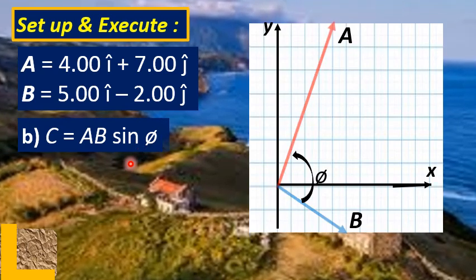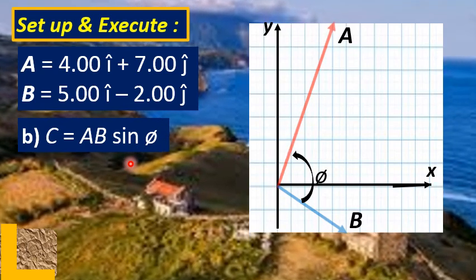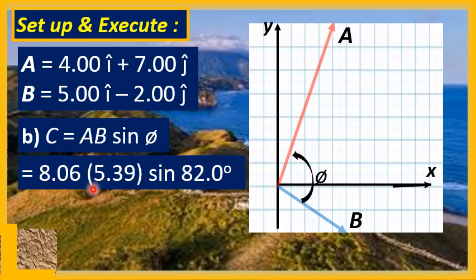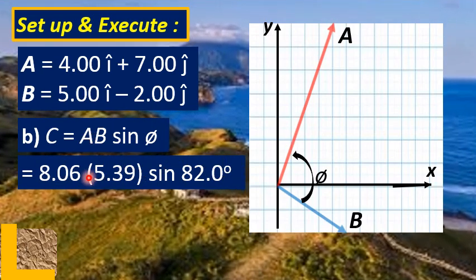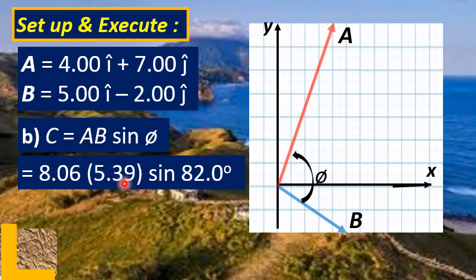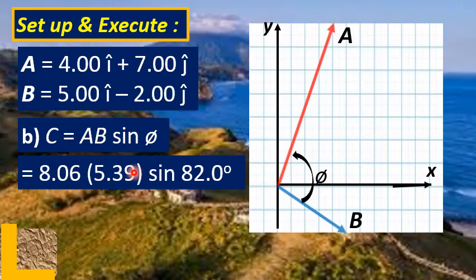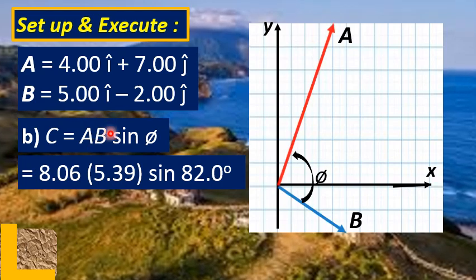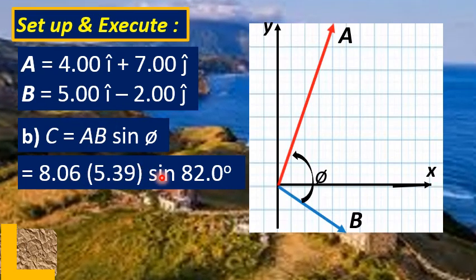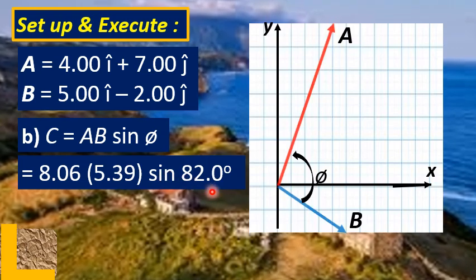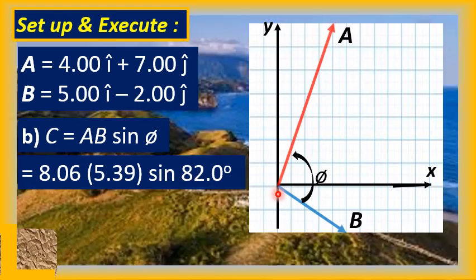That is 8.06, which is the magnitude or absolute value of vector A, multiplied by 5.39, the magnitude or absolute value of vector B. All right, so the scalar product will be multiplied by the sine value of 82.0 degrees.